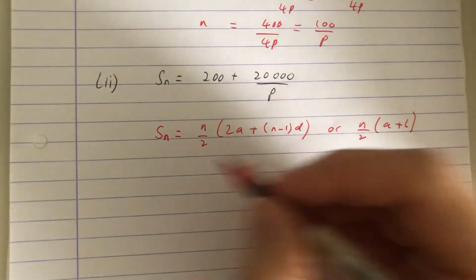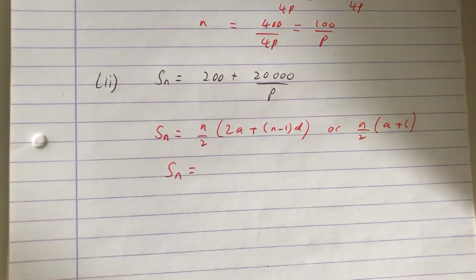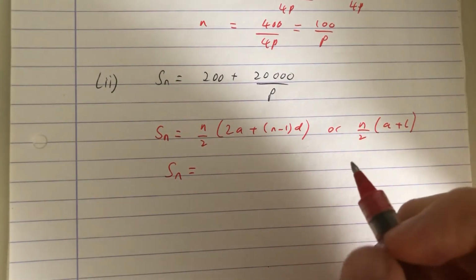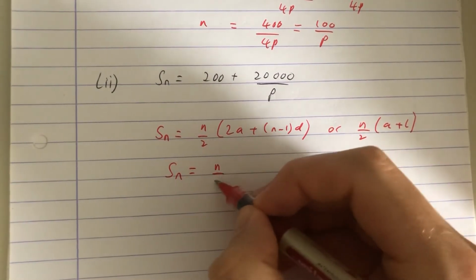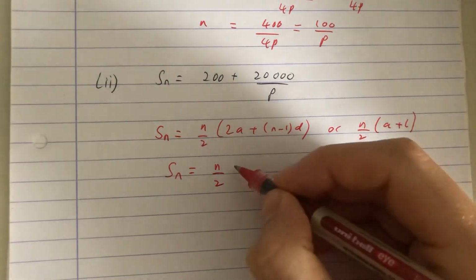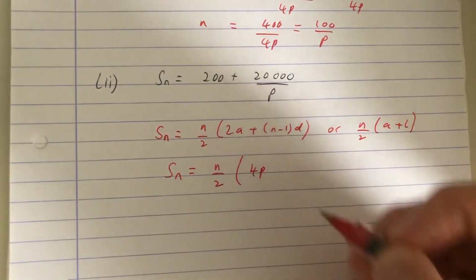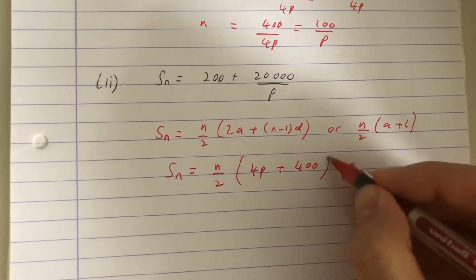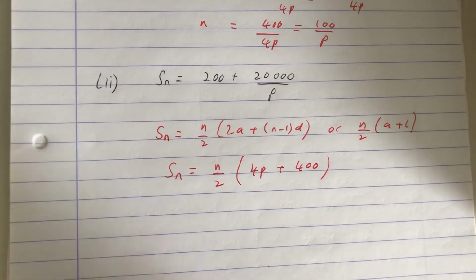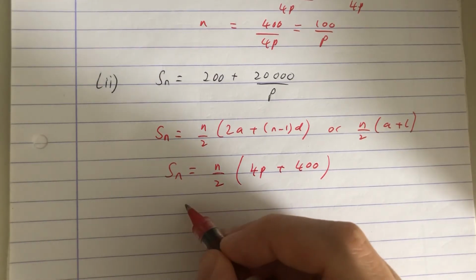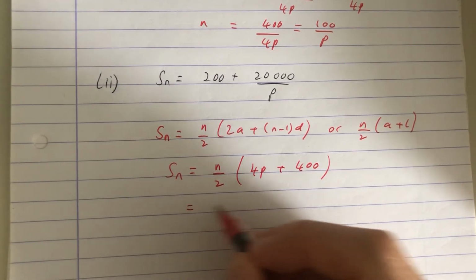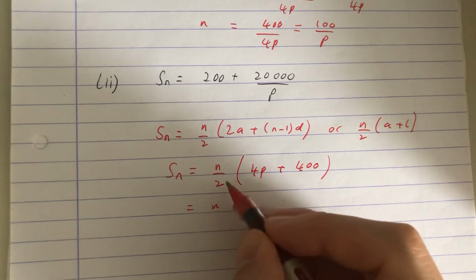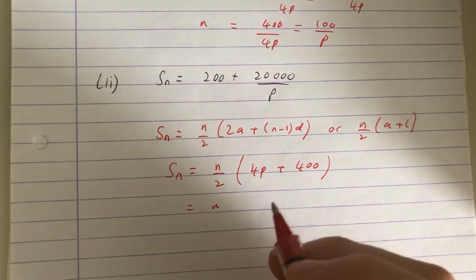Both should work. So Sn is equal to n over 2 now. I'll put n over 2 in there like that, but a is 4p, and the last term is 400. And the first thing I would do is get rid of the half on the outside by dividing each of these terms by 2.